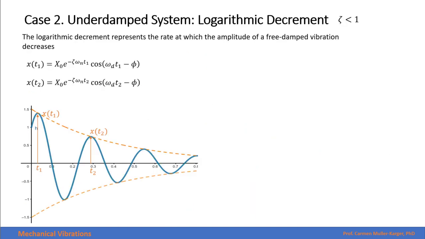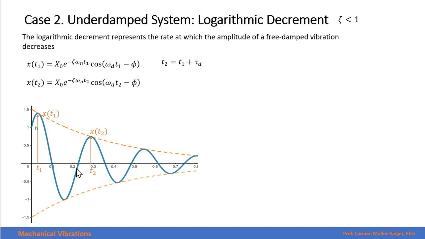The logarithmic decrement represents the rate at which the amplitude of the free damped vibration decreases. So we can express the amplitude of the function at a specific time t1 with x evaluated at t1, and another, subsequent amplitude at t2.